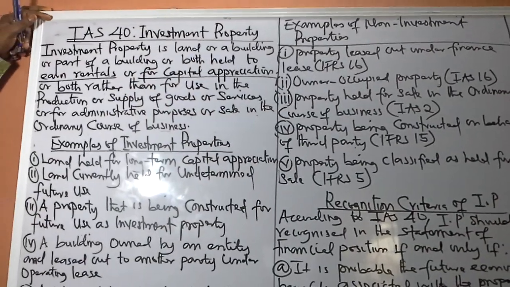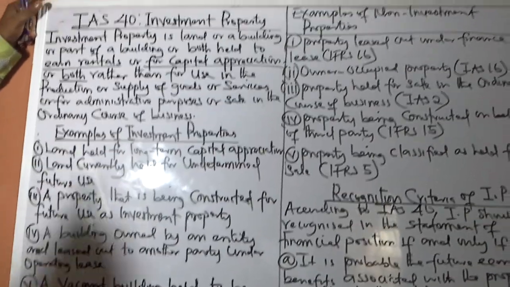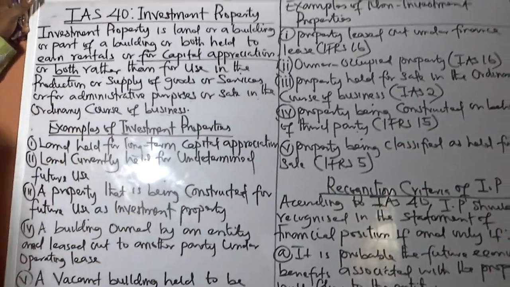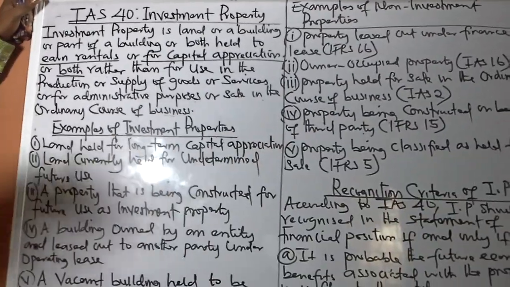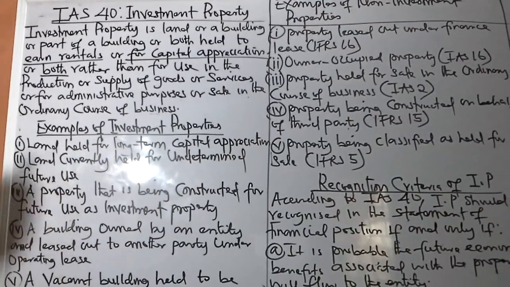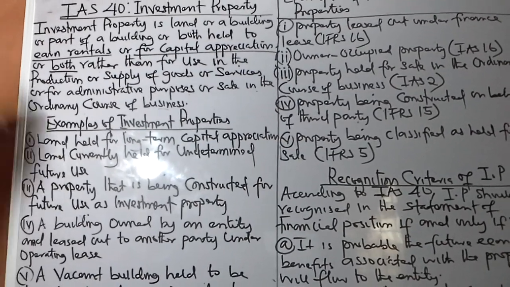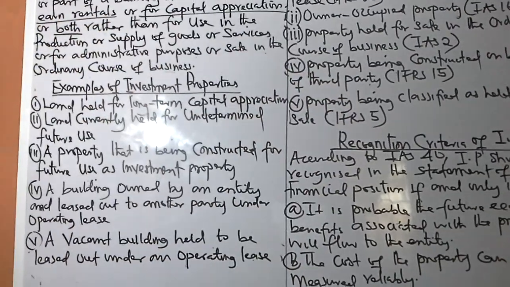Next, now, what are the examples of investment properties? Now, you should know the examples of investment property, because it is not all the tangible non-current assets that qualify as investment property. Examples are: one, land held for long-term capital appreciation.